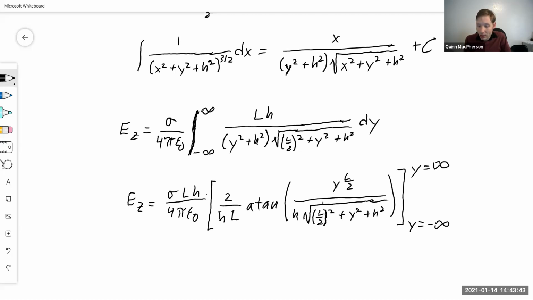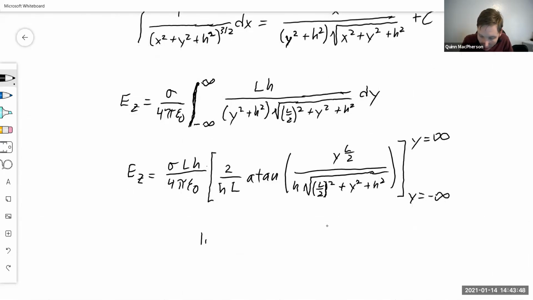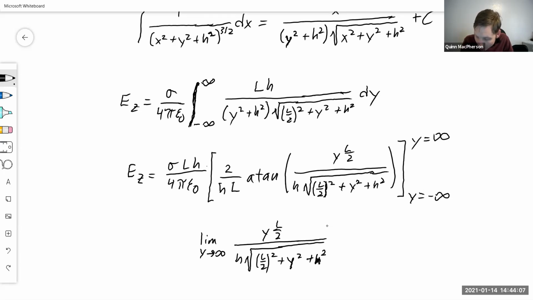So let's write this out: the limit as y goes to infinity of y L over 2h times the square root of (L over 2) squared plus y squared plus h squared. That is in fact an h, despite my bad handwriting. This whole square root just cancels the y, and you end up with L over 2h.